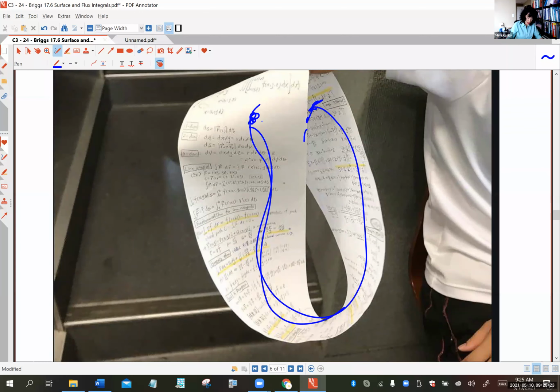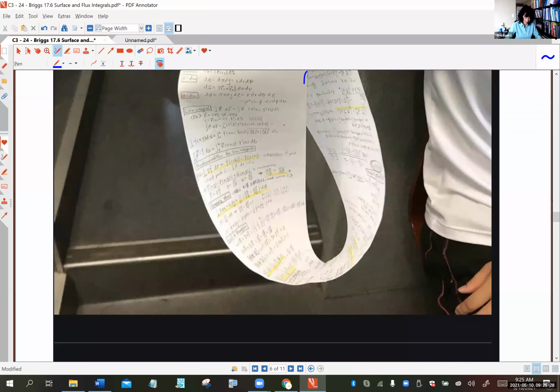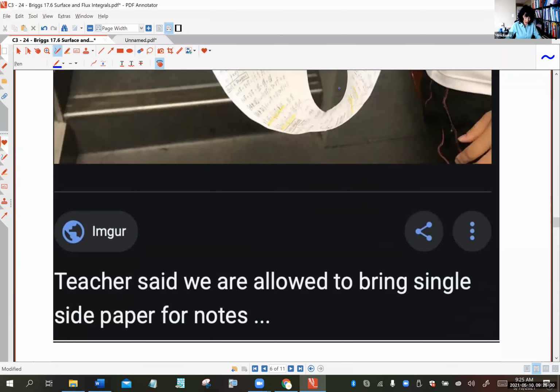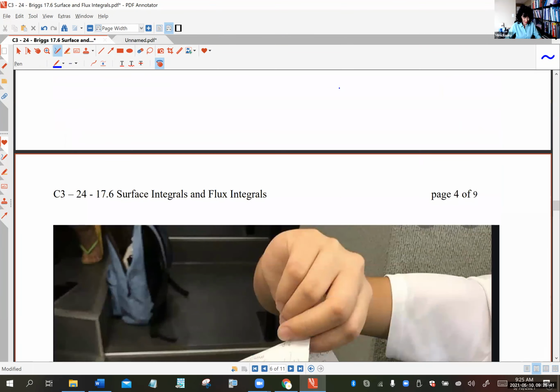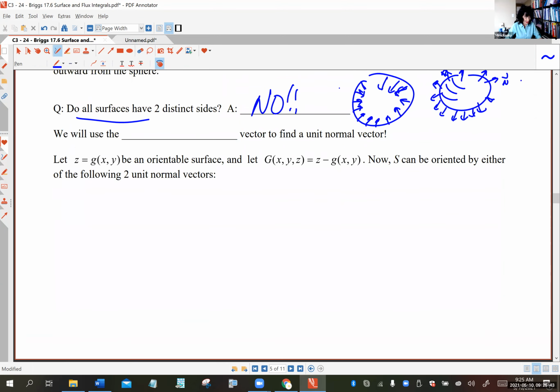You can't get back to where you started on this Möbius strip. So what's funny about this meme is the teacher said we're allowed to bring a single side paper for notes. This is actually a single side because of the Möbius strip. It's not orientable because it doesn't have two distinct sides.